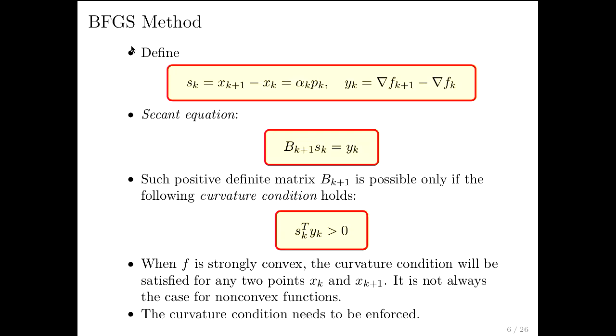So if I enforce the positivity of the right-hand side, definitely the left-hand side is positive for any choice of S_k, right? What did it mean? It means B_{k+1} will be a positive definite matrix. So we enforce this to get that.